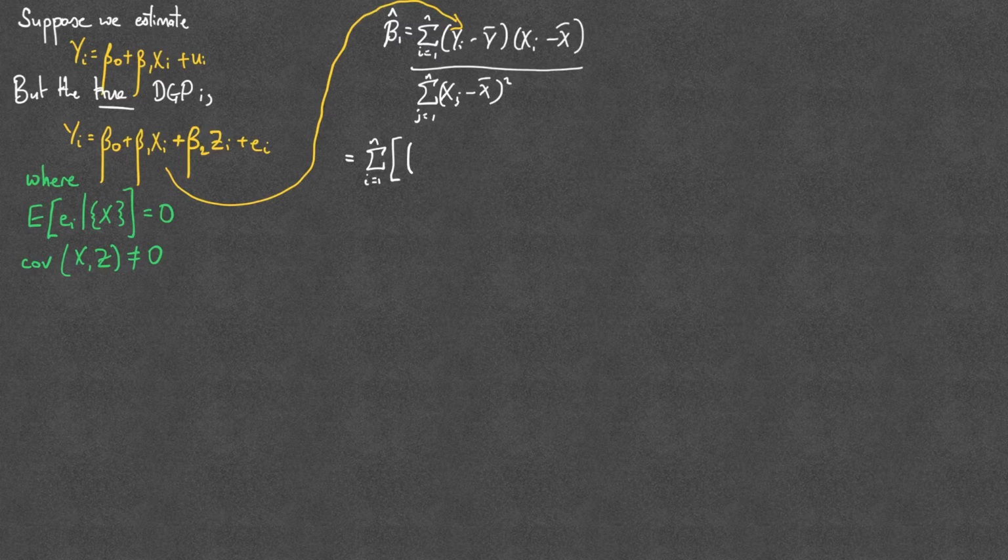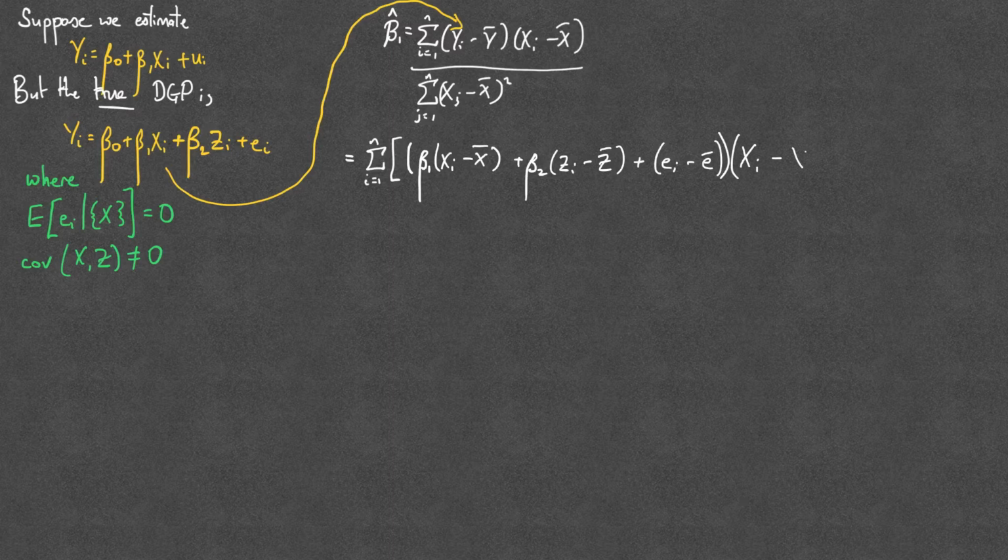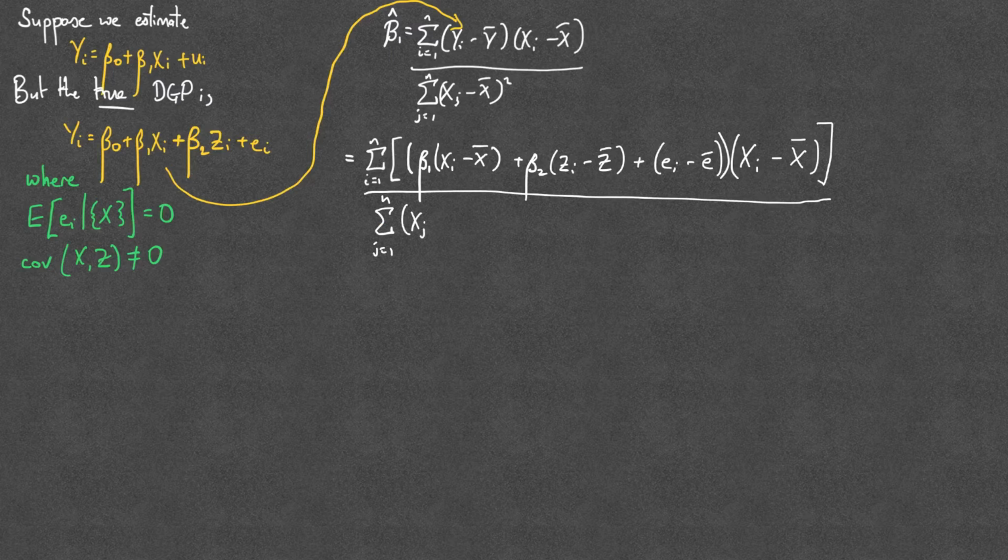And what we'll get is beta 1 times xi minus x bar plus beta 2 times zi minus z bar plus ei minus e bar, all multiplied by xi minus x bar. And then that's all divided through by the sum of the xi minus x bar squared.